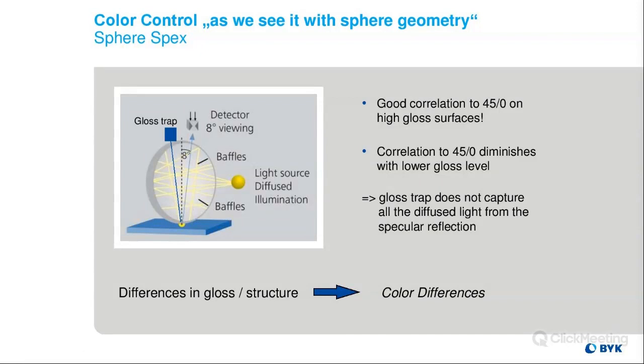It removes that from the equation, and it makes this sphere instrument measure more like a 45-0 instrument. And so this way you can have one instrument, a sphere instrument, that can measure both like a sphere and like a 45-0. So the correlation to 45-0 tends to be pretty good on high gloss surfaces, but that diminishes as the gloss gets lower.